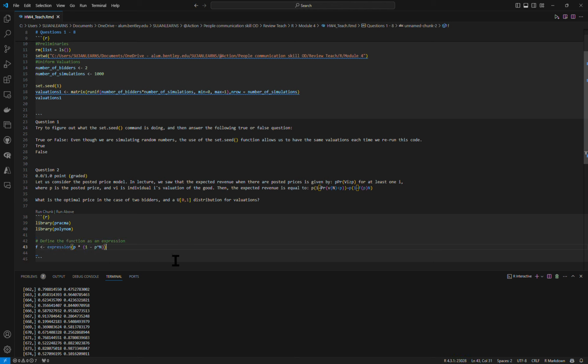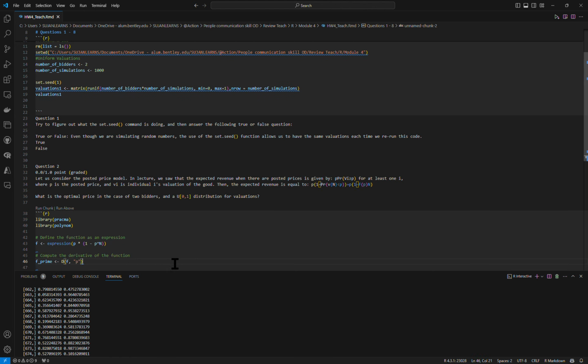This is the function we'll assign to f, and then we'll take the first derivative of that with respect to p and assign that to f prime.